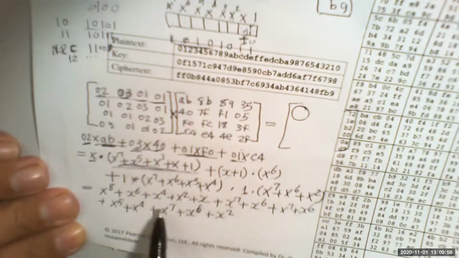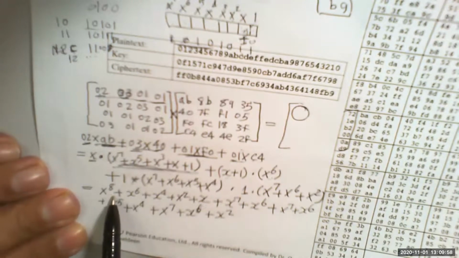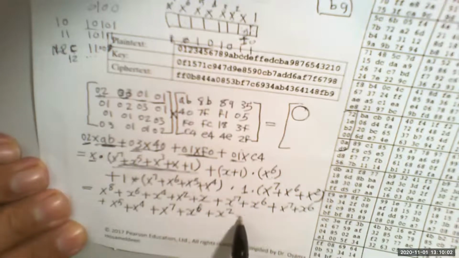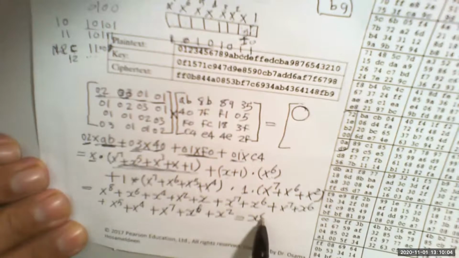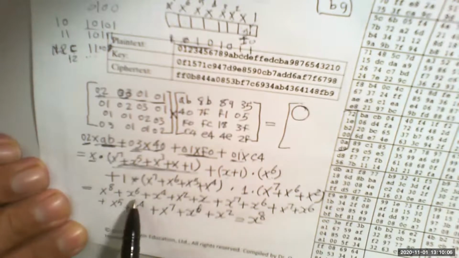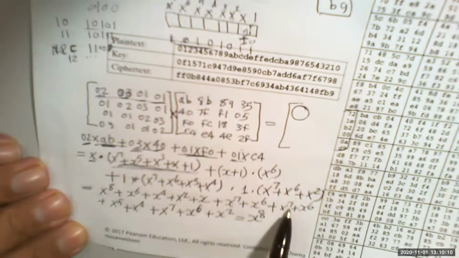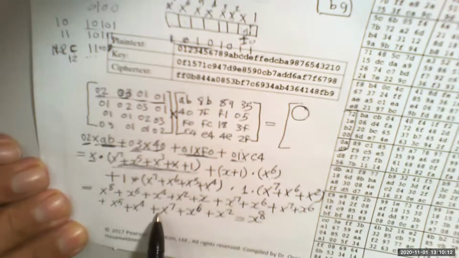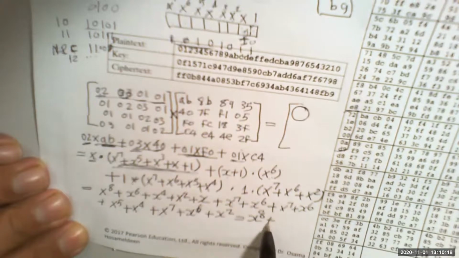Now we count how many odd and even numbers. For example, I have only one x8, so the result should be x8. What about the 7? How many 7s are there? 1, 2, 3. So x7 is with us because it is an odd number. I mean, it appeared 3 times.